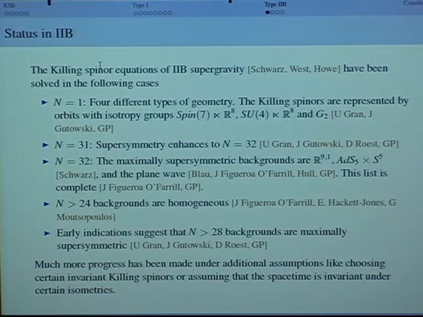Of course, this is the list made without any assumptions about special structure, like special invariant spinors or special isometries of the space-time. In fact, one might argue that the best known solutions have all these properties. But I look at the thing from a different perspective.